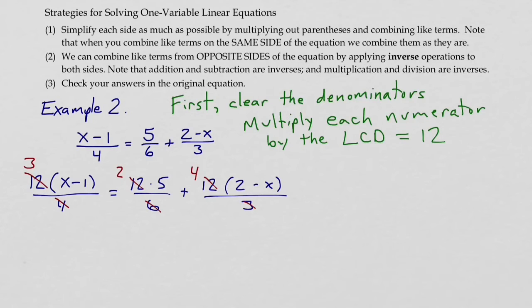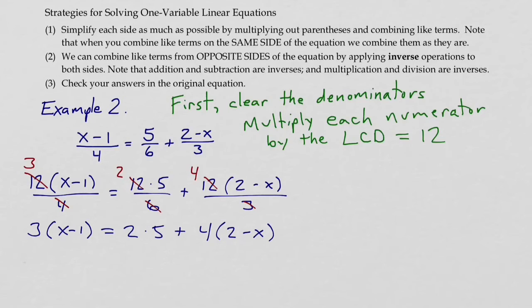Notice that I can cancel these things because the 12 is multiplied by everything else up top, so it's a factor of the numerator, and therefore it can cancel with the denominator. This gives us a simpler equation: 3 times (x minus 1), 2 times 5, and 4 times (2 minus x).